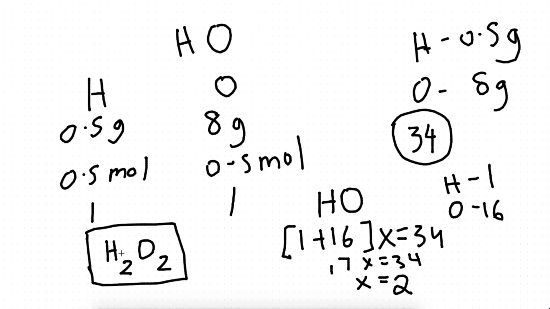So one last question I'm going to do, guys, is called percentage by mass. What does percentage by mass mean? Before we even answer this question, we need to understand what a percentage is.